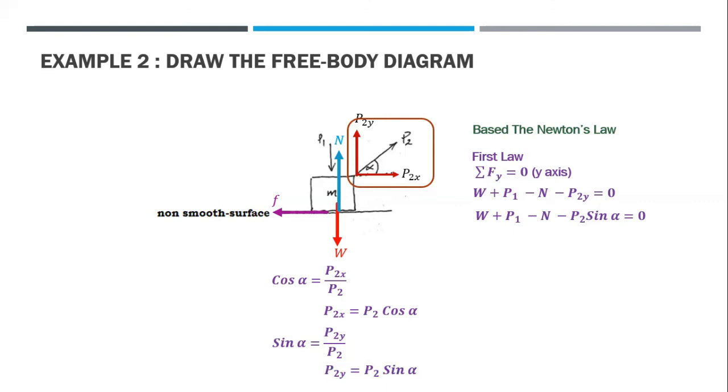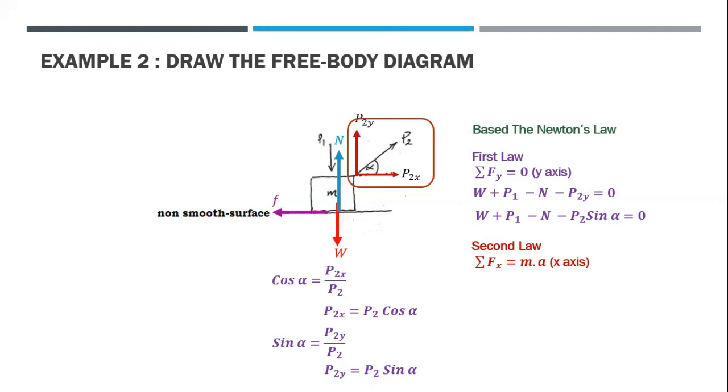Okay, what about the second law of Newton? Look at the free body diagram. This object is moving to the right side, so the right side is positive and the opposite is negative. Sigma Fx equals m times a. The motion is along the x-axis, so we'll find the acceleration for this case.